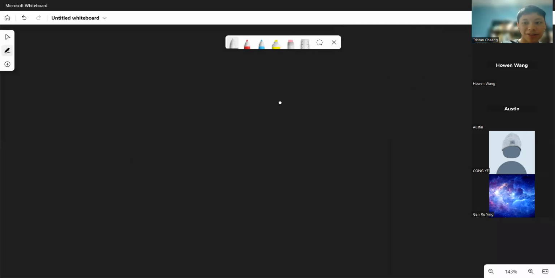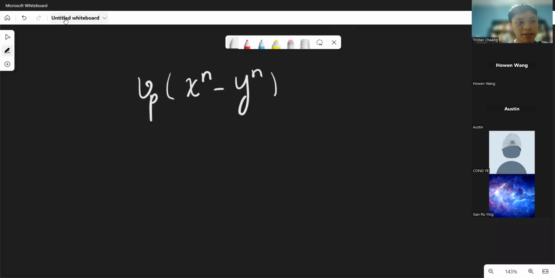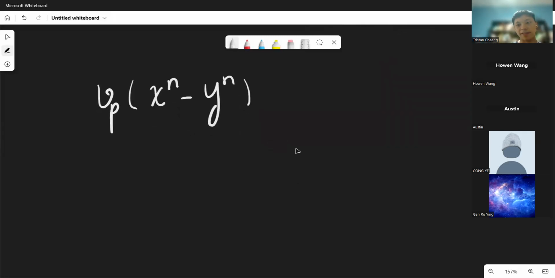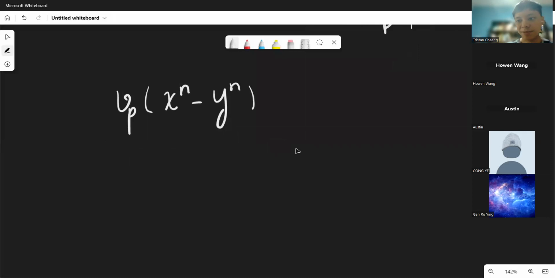This lemma concerns this quantity, the VP of x to the power of n minus y to the power of n. And it turns out that it will be a very simple expression if we have suitable conditions for x and y, but those conditions are not very strict.